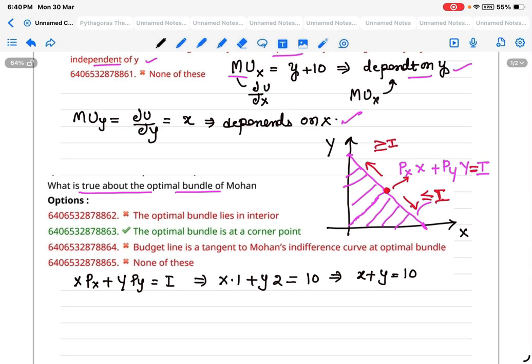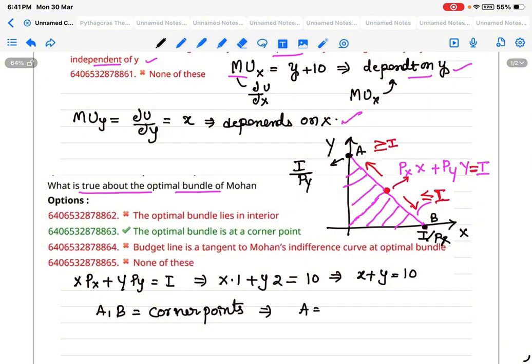Here x over I by px, y over I by py. For example, this is A and this is B. A and B are the corner points. At A, it is income by py, and B is income by px, comma 0.